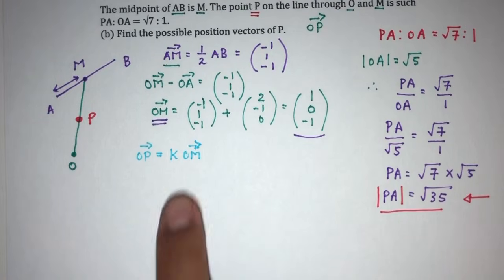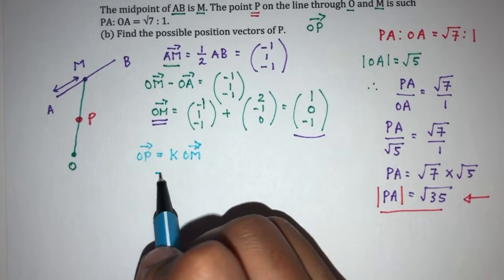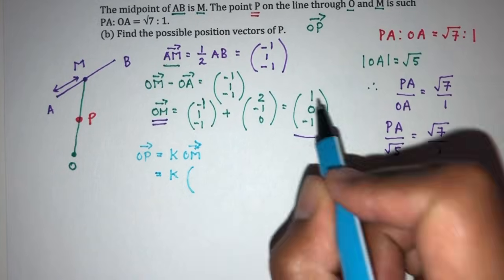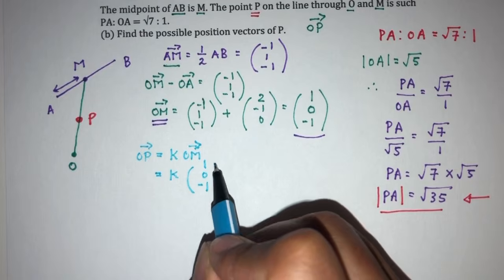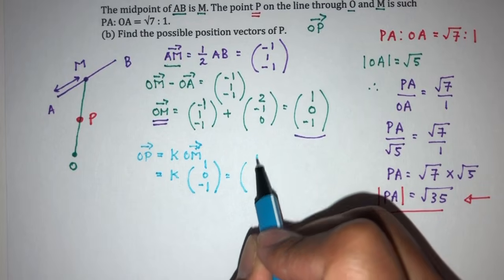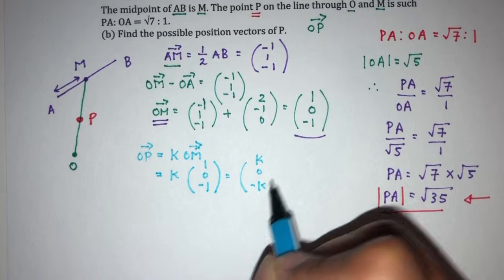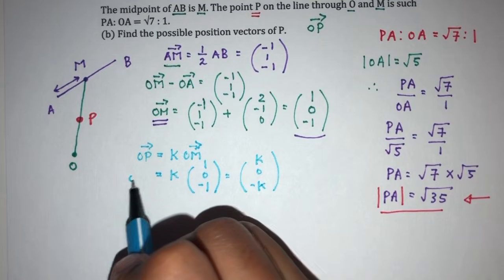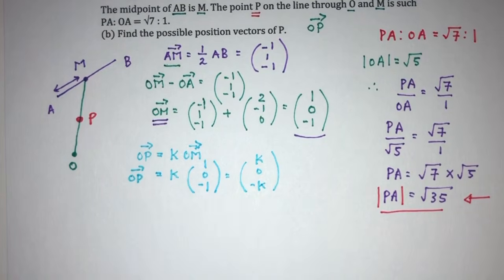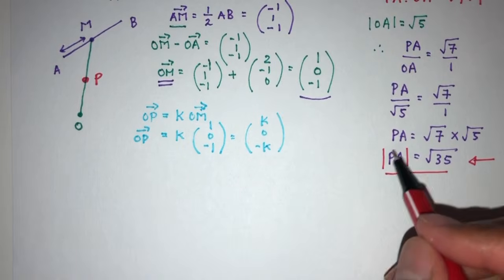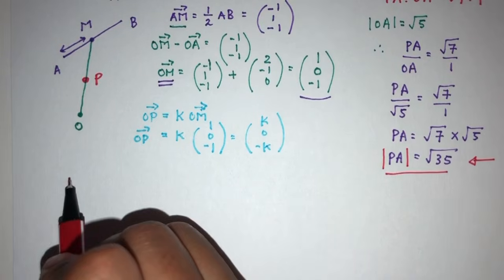In this case, that is useful. Why? We can just replace OM by something we know already. That's why I chose this one. That will be K, 0 minus K, and that will be OP for you. Now, we know the magnitude of PA is given by this. What is PA?